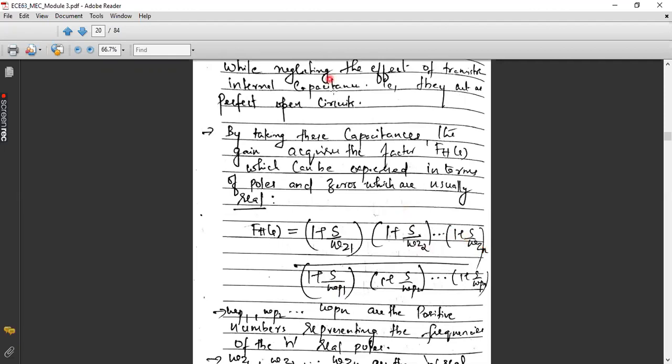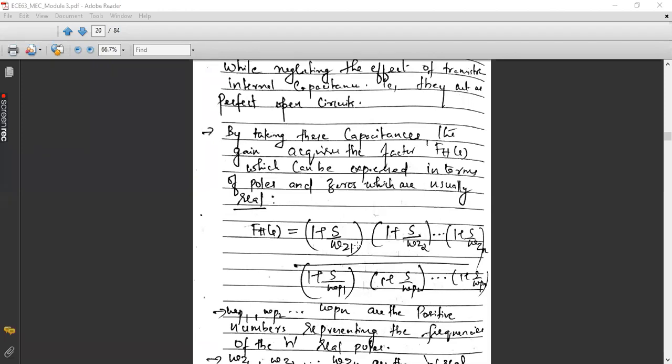If I assume that the pole omega p1 is at a very low frequency in the S plane, and all the remaining zeros and poles are lying at infinity or very far away from it, then I can say that omega p1 is my dominant pole.